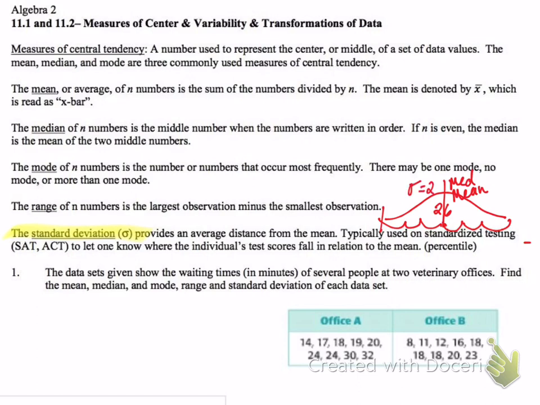If my standard deviation is 2, and that's a lowercase sigma, that's how you would denote that. Then I would go out 2, so 28, 30, 32, and 24, 22, 20. That means almost 100% of the people that took the ACT scored between a 20 and a 32. So that's probably not a real life example, it's kind of a real life example, but it was a really good day at the ACT.